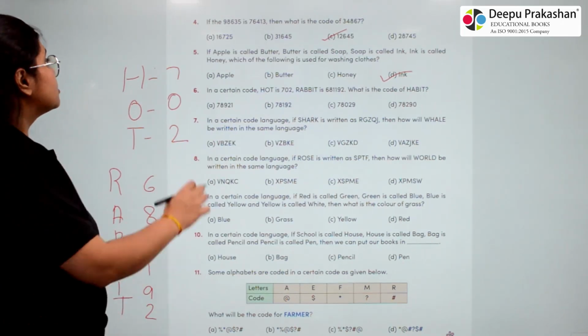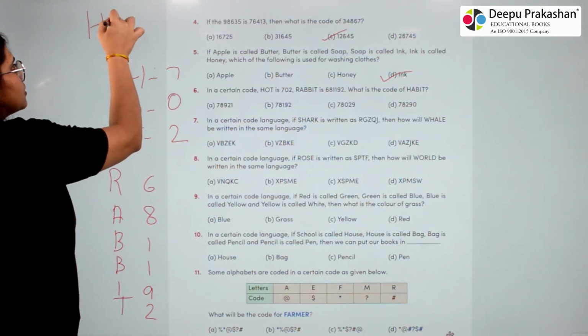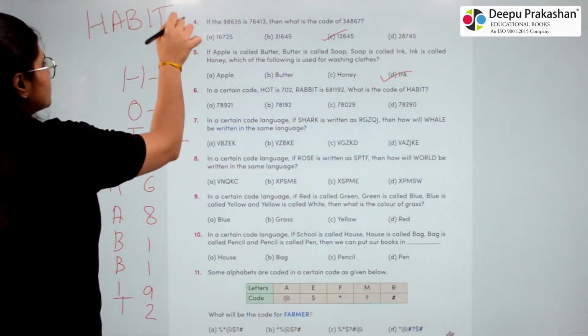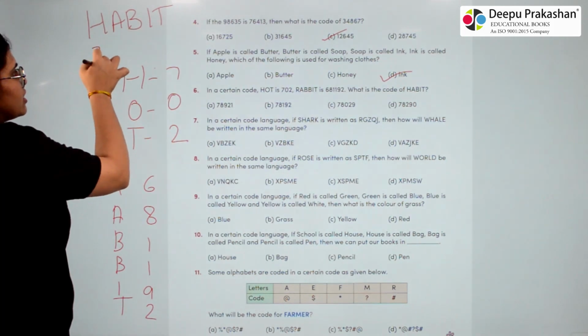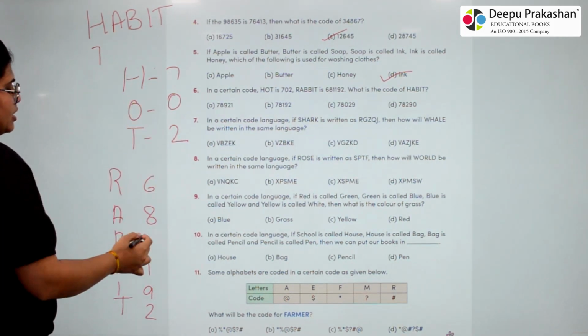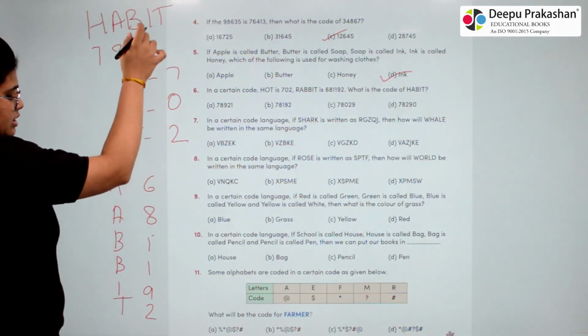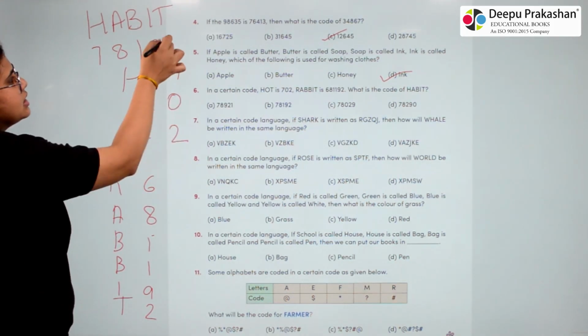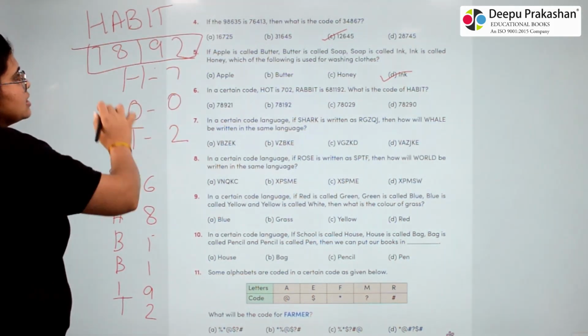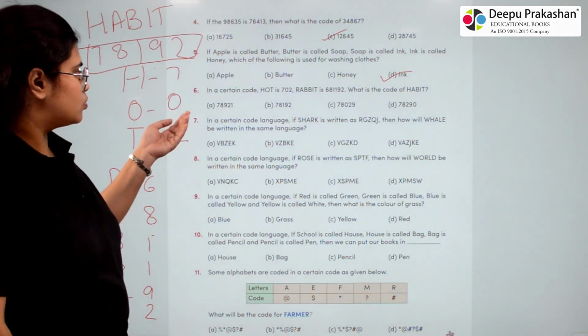Now we are asked for habit. So here H stands for 7, A is 8, B is 1, I is 9 and T is 2. So our answer is 78192.